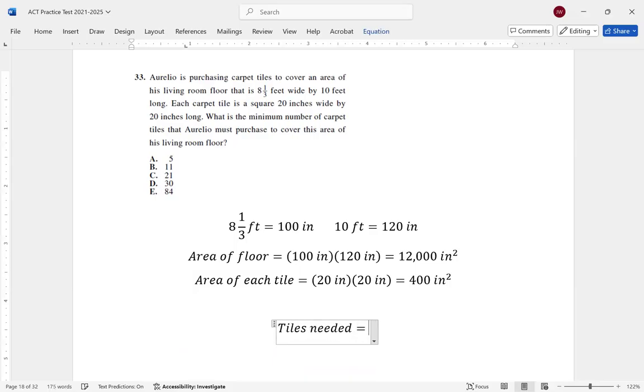Well, we just take 12,000 divided by 400. That will give me the amount of tiles that are needed, and that is 30 tiles. So 30 is the correct answer to question 33, and that is option D.